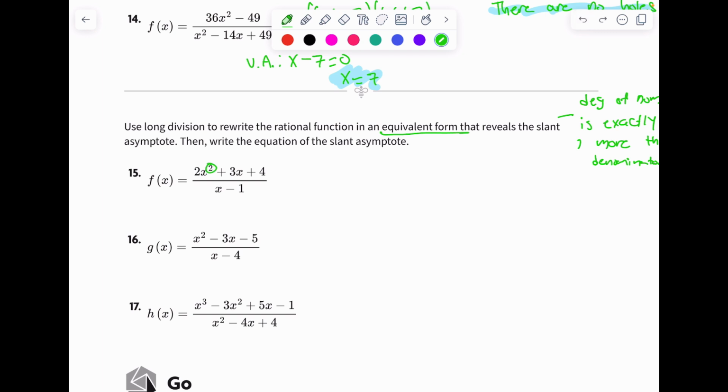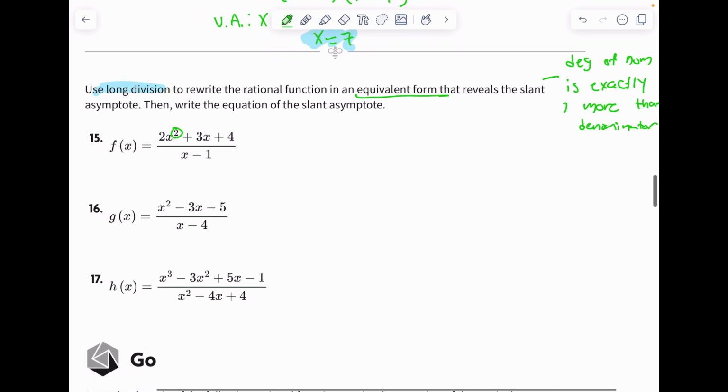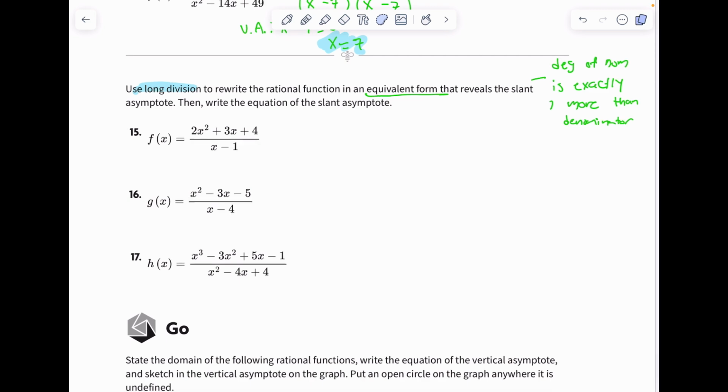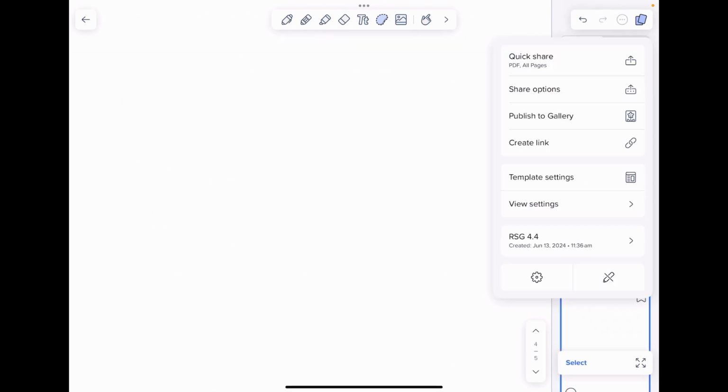Now, how am I going to do this? It tells us we're going to do a long division, right? So long division with the fraction house. Let's use a different color. Let's use a different page for this. Let's add a page.